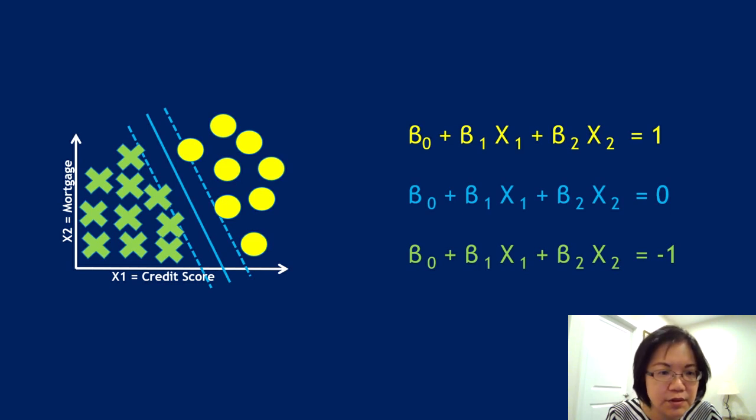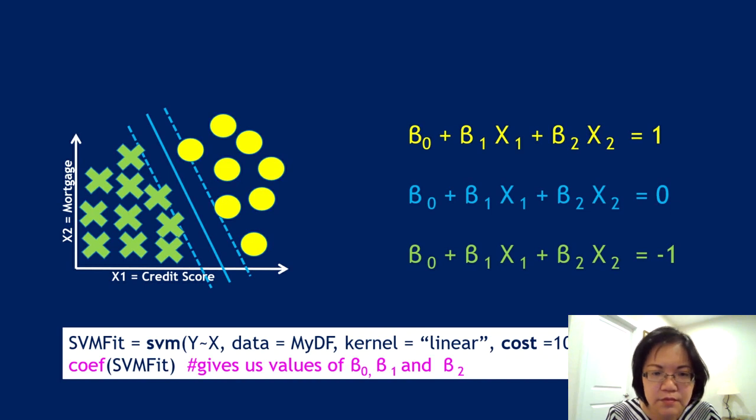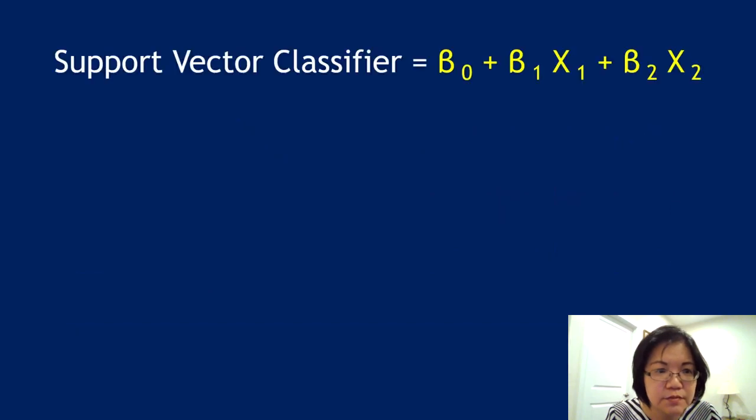Anything below 0 is on the left-hand side. 1 and -1 are the standardized size of the margin. Once you have constructed the SVM model, you can use the coef function to request the values of beta 0, beta 1, and beta 2. Once you have these values, you can construct the hyperplane equation.